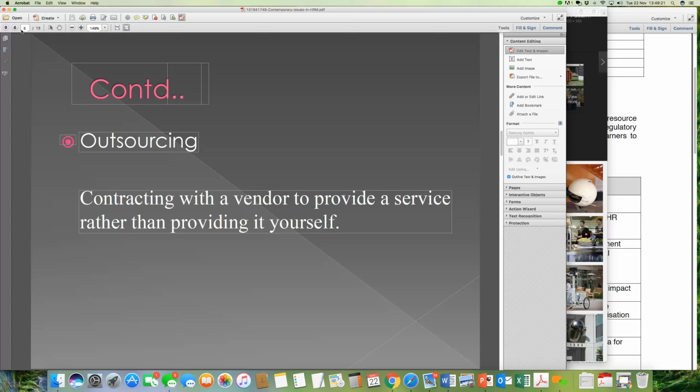Outsourcing is one of the contemporary issues that we will look at in a bit more detail. It basically means that you contract the jobs within a particular location to a vendor outside, and that service is provided by somebody outside the company rather than within the company.